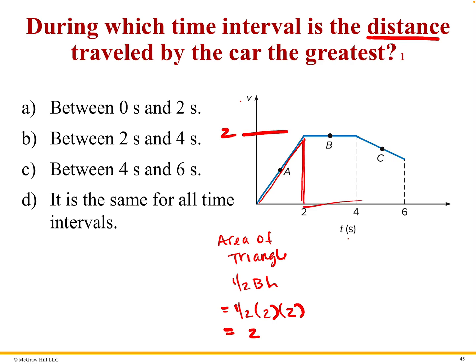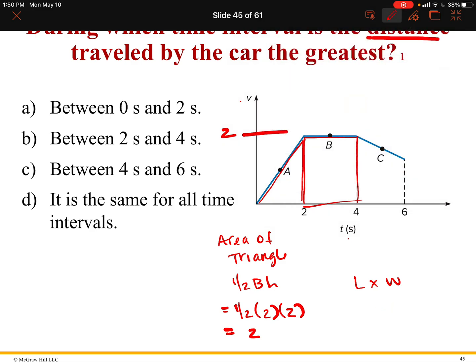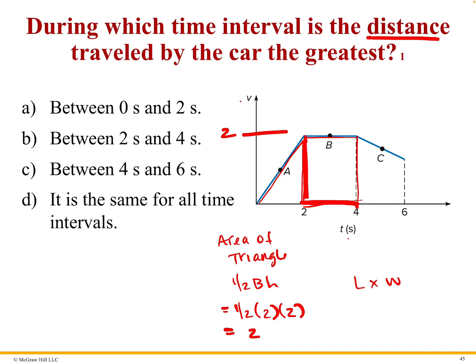How do you do the area under a rectangle? Well, that's just length times width. So 2 times 4, essentially. Or sorry, 2 times 2. Length, or let's say width, it doesn't really matter.